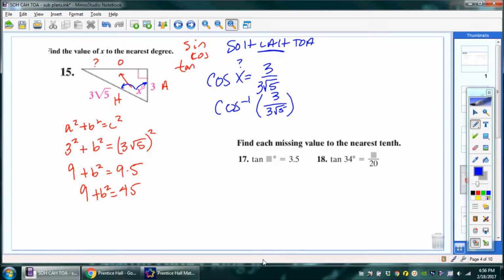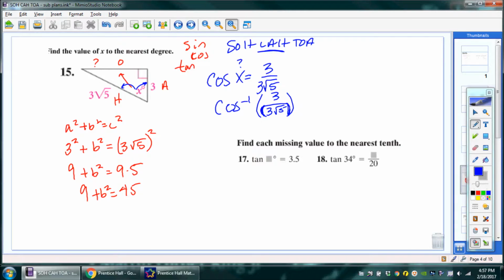So I'm going to do second cosine for me because I'm using a graphing calculator. So the inverse cosine of 3 divided by 3 square roots of 5. Now, you can't see my calculator, but I put this in parentheses. Like I said, you can't have too many parentheses.